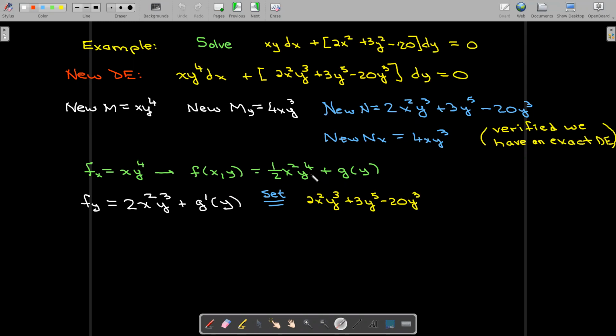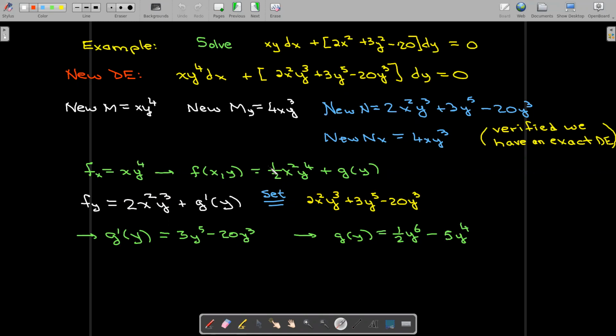So when I set those equal to each other, the first term can subtract out. And I'm left with g prime of y equals 3y to the 5th minus 20y cubed. I can anti-differentiate that using the power rule to get my g of y.